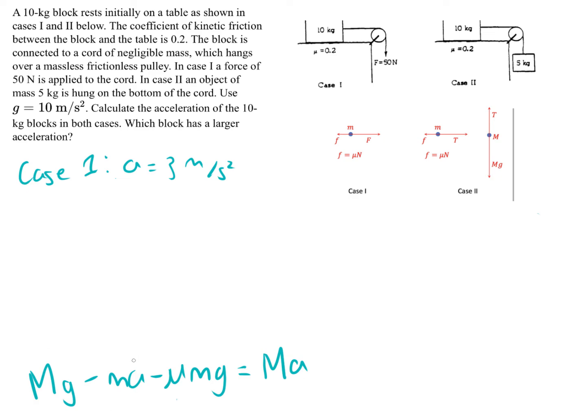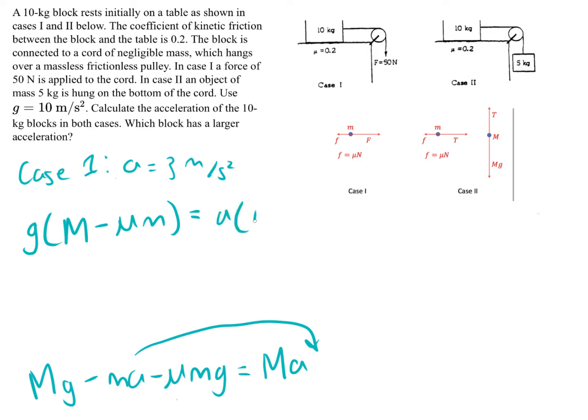So if we move this over to the other side, then we can factor out gravity. And then we're left with capital M minus the coefficient of kinetic friction times little m is equal to, and on this side we can factor out the acceleration times capital M plus little m.